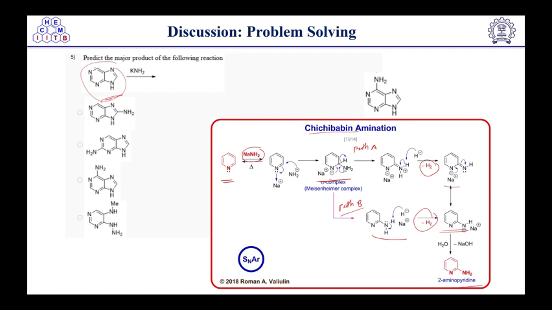Okay, first, so we know that this NH2 will attack over here and we will get an intermediate like this, correct?